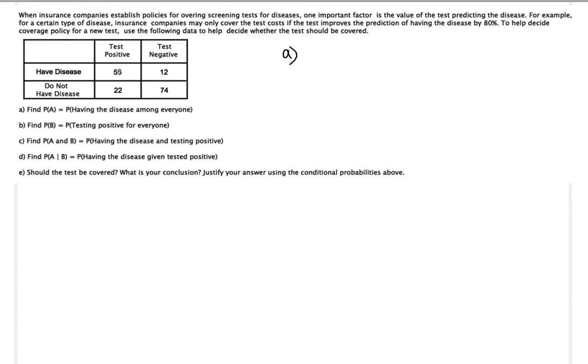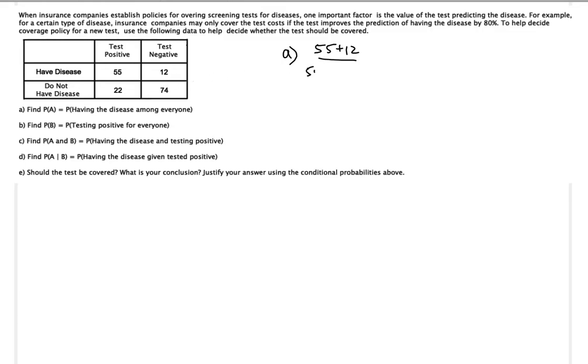It's given that 55 that test positive have a disease and 12 that test negative have a disease. So the total number is going to be 55 plus 12, and you have to divide this by the total number of people. The total number of people, of course, is going to be all these four cells combined: people that have the disease and people that do not have the disease.